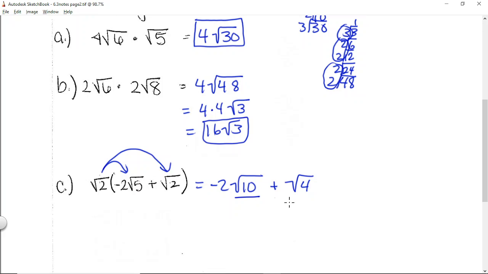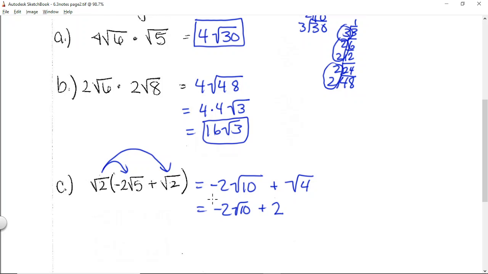We probably remember, well, you can't simplify 10. It's just 2 times 5. There's no pairs when you get this prime factorization. But 4, square root of 4, of course, we can simplify that. Okay? So what we have is negative 2 times the square root of 10 cannot be simplified, but square root of 4 is 2.